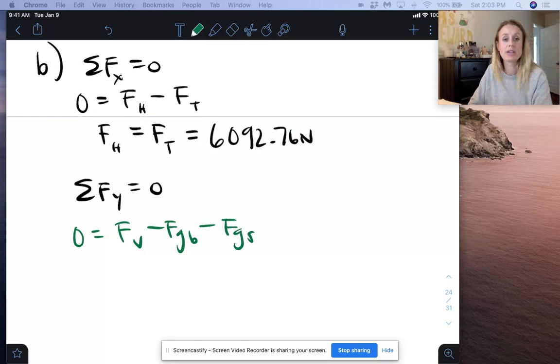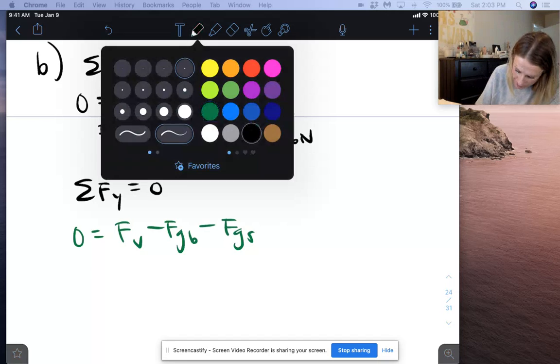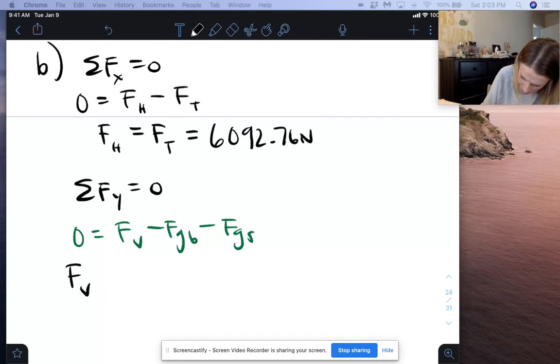And again, those are negative because they're pointing downward. I said up was positive. So here I'm solving for force vertical. That's just going to equal force of gravity on the beam plus force of gravity on the safe.